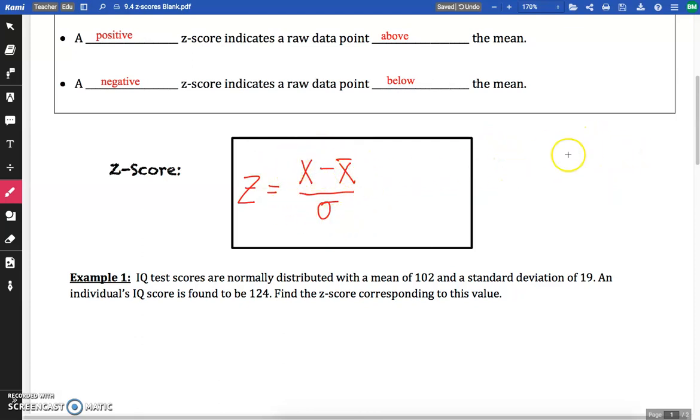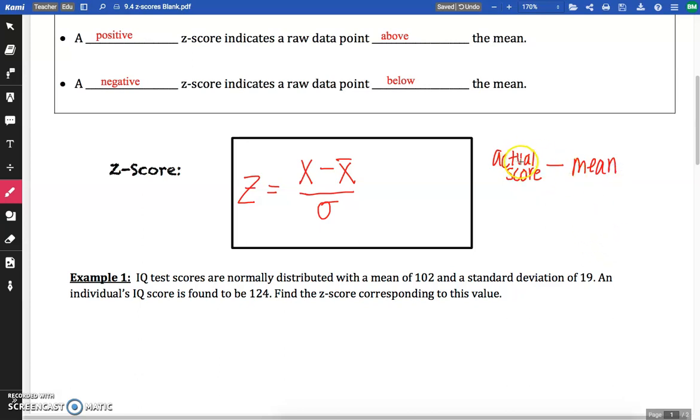So our x here represents the actual score, or actual data point, or actual whatever we're looking at. Could be a score, it depends. So actual data point, and then we're going to subtract x bar, that's our symbol for the mean.